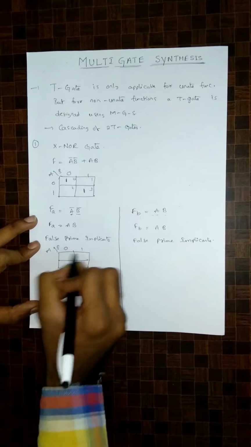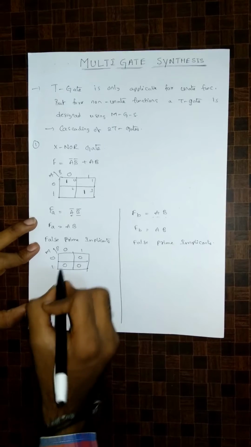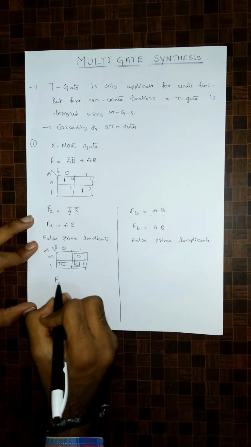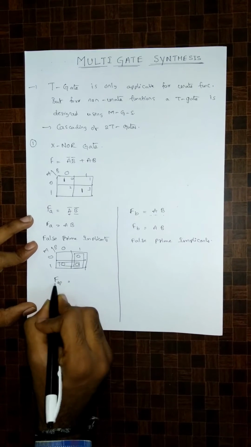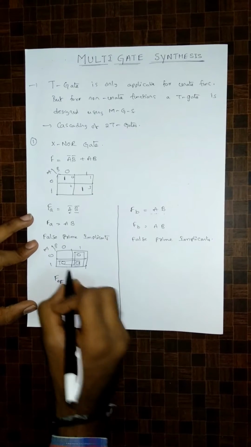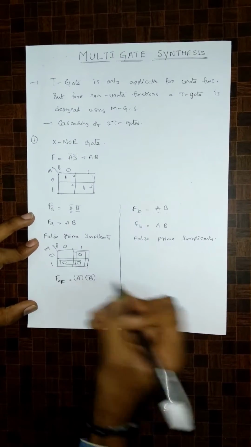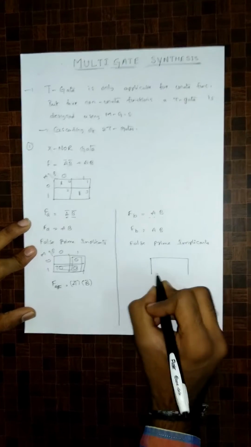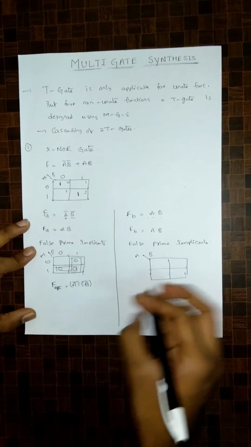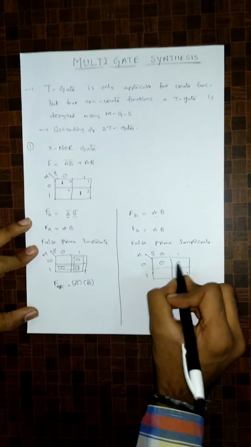Now A, B, 0 1, 0 1, 0 0 0. The equivalent Boolean function for the false prime implicants FAF gives the required Boolean expression A'B'. For FB also, find the false prime implicants in the same way as for FA: 0 1 0 1 0 0 0 in these three places.